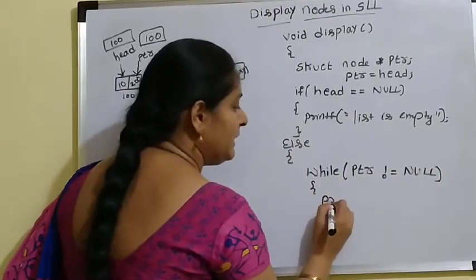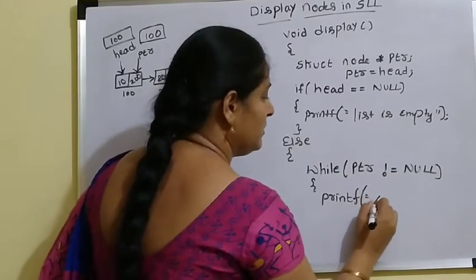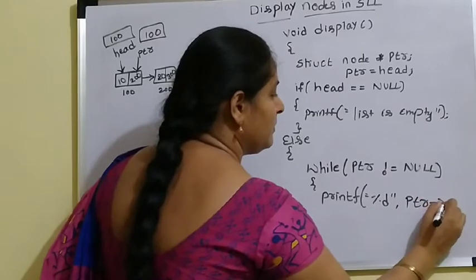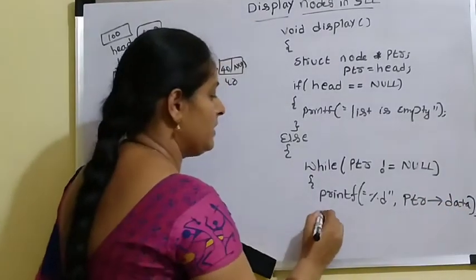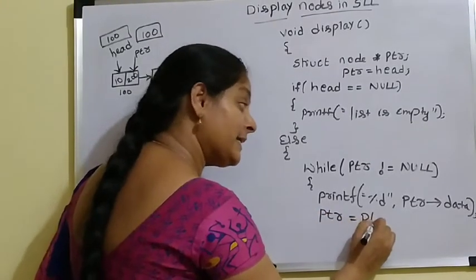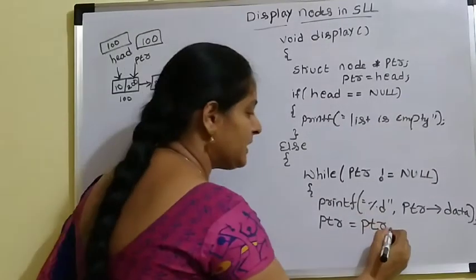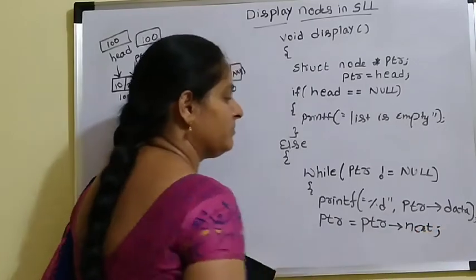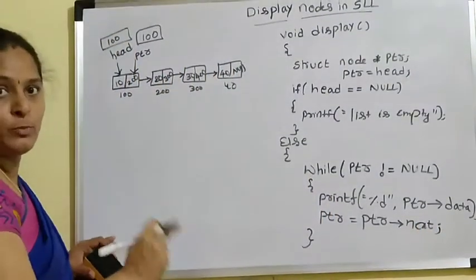We need to print the PTR data, so printf %d PTR data. After printing PTR data, we need to move PTR to the next node position. So for that, assign PTR next address to the PTR. Right? Check this condition once, whether it is printing properly or not.